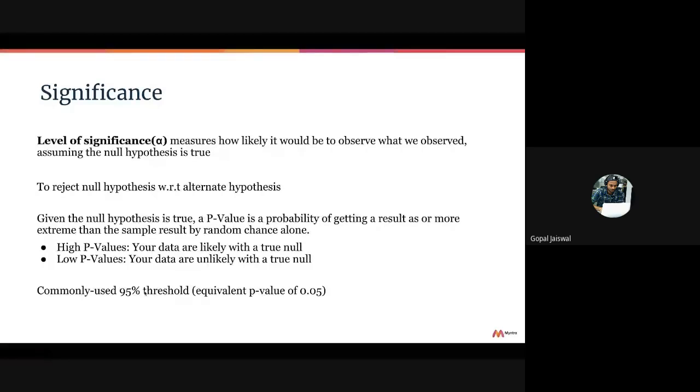In the production scenario, like in Myntra or other tech companies, we use 95% significance, which is equivalent to a 0.05 p-value, which is considered as the type 1 error.